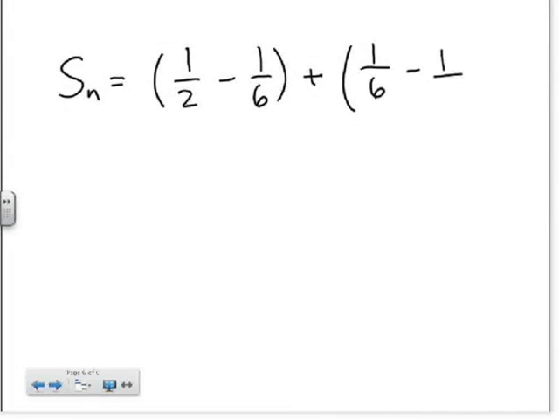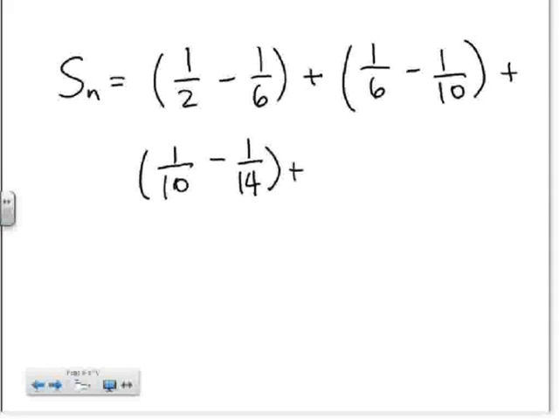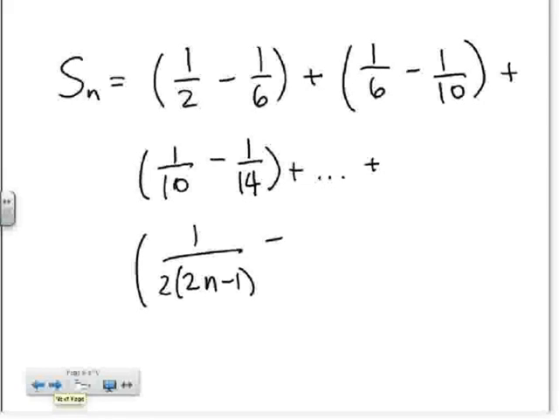With that, we can say that Sn equals 1 over 2 minus 1 over 6 plus 1 over 6 minus 1 over 10 plus 1 over 10 minus 1 over 14 plus, eventually we'll get to 1 over 2 times 2n minus 1 minus 1 over 2 times 2n plus 1.